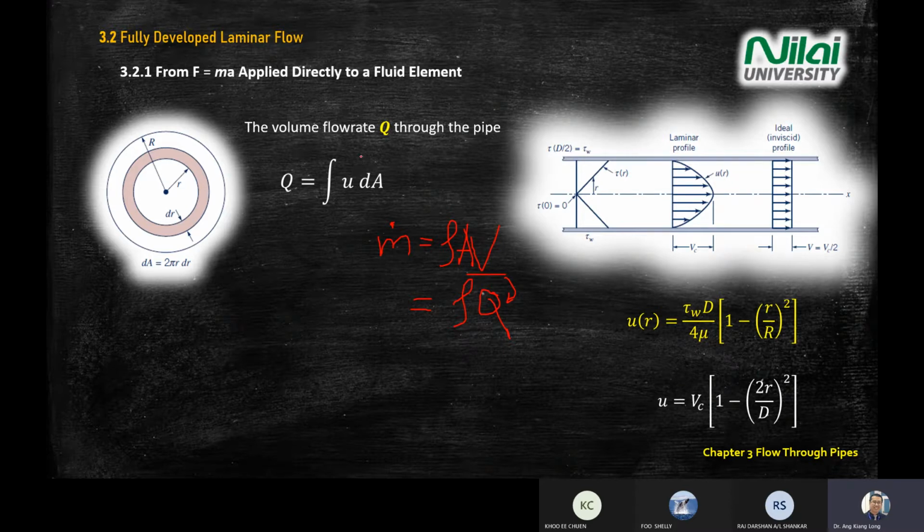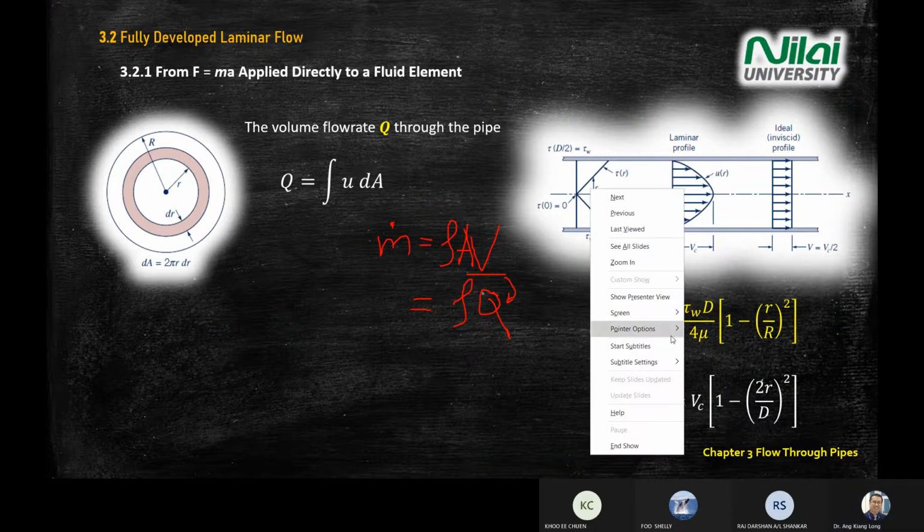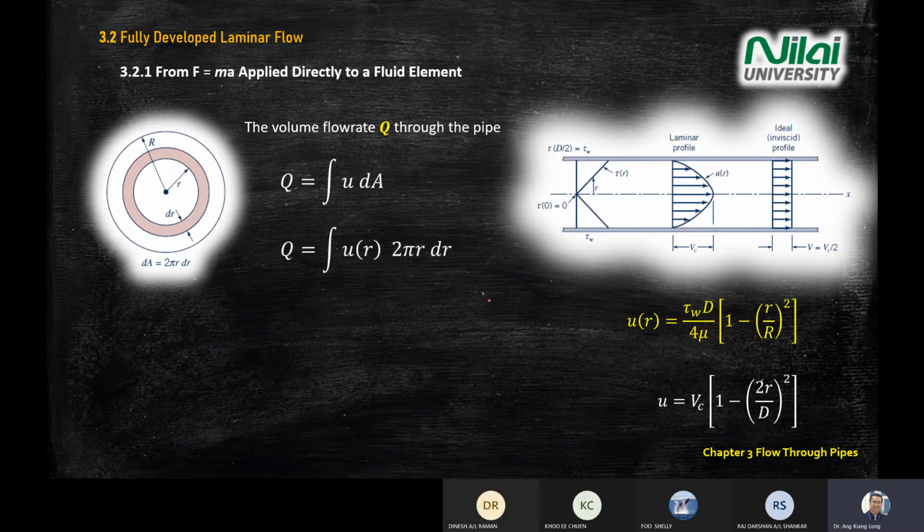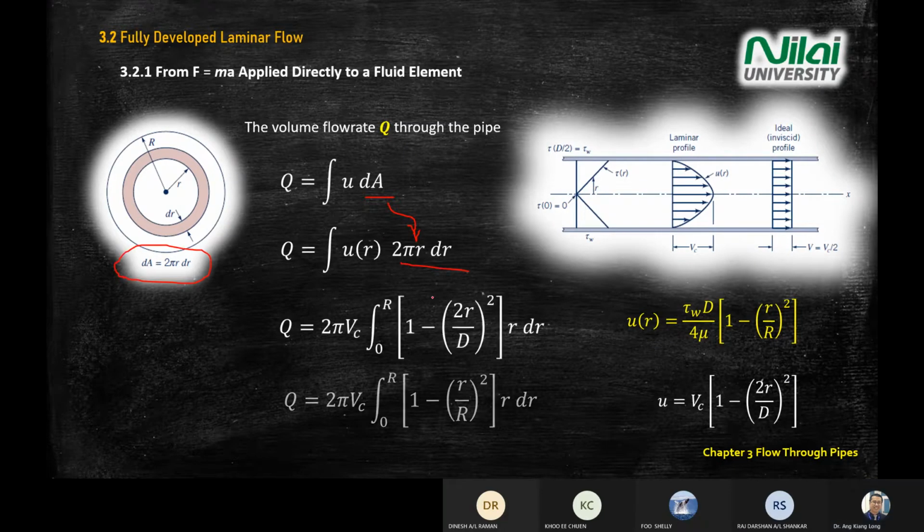So you integrate over dA. Then you start developing the equation by expanding the dA into 2 pi r dr, which you can find in the diagram. Then you do the integration by substituting what your u is, and you pull constants outside of the integration.